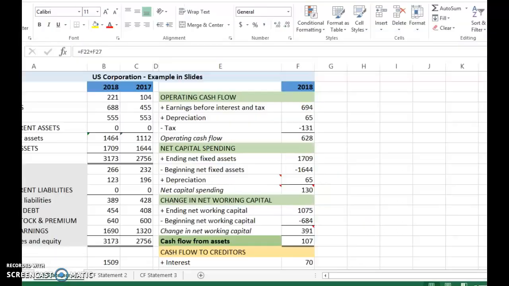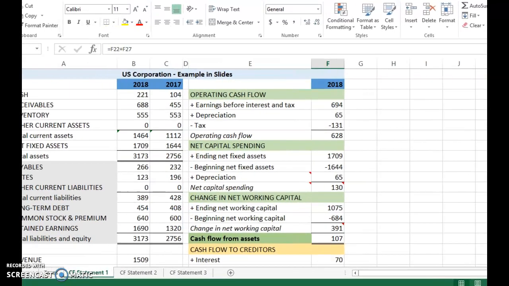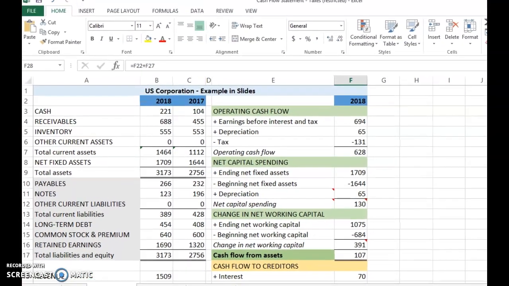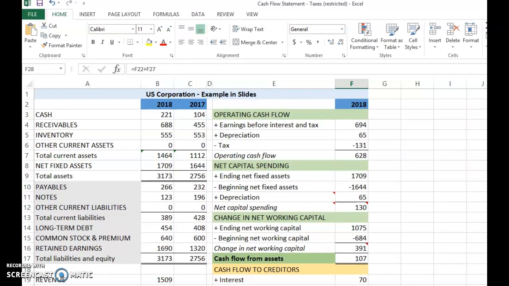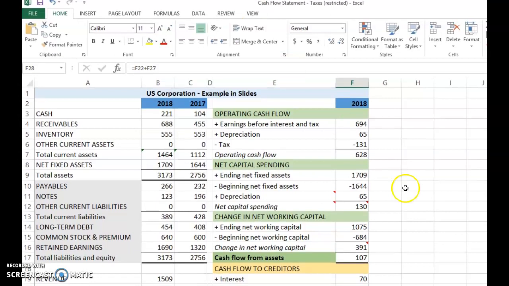For that, we will look at the Excel. Okay, let me just drag this so that you can see it. You can see it clearly here. So here we have this example, the US corporation example in the slide.